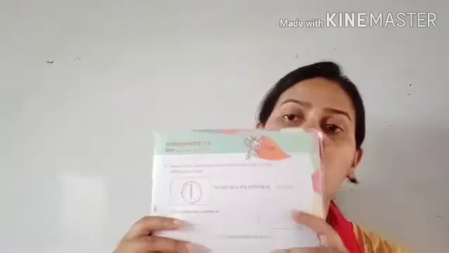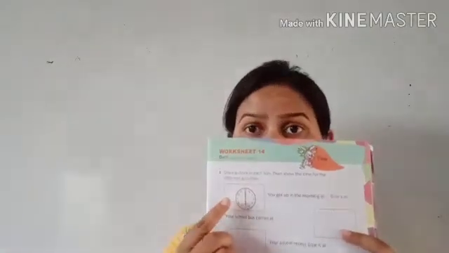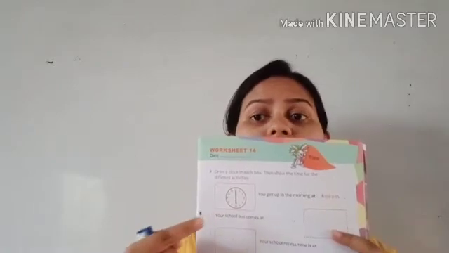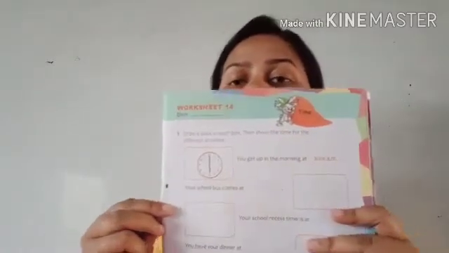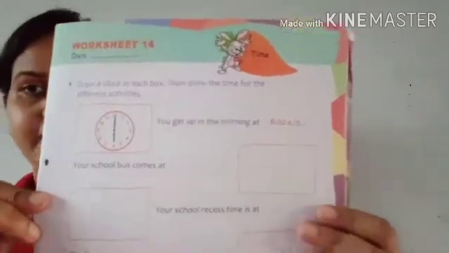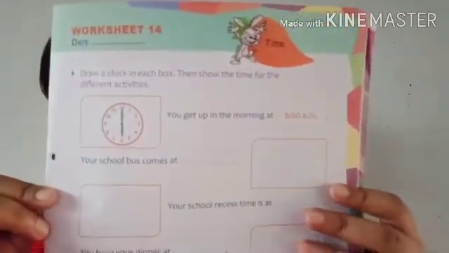So by which clock do you have to show this? See, this one is your example. By this example you can see which kind of clock you have to make. Hope this is easy for you.